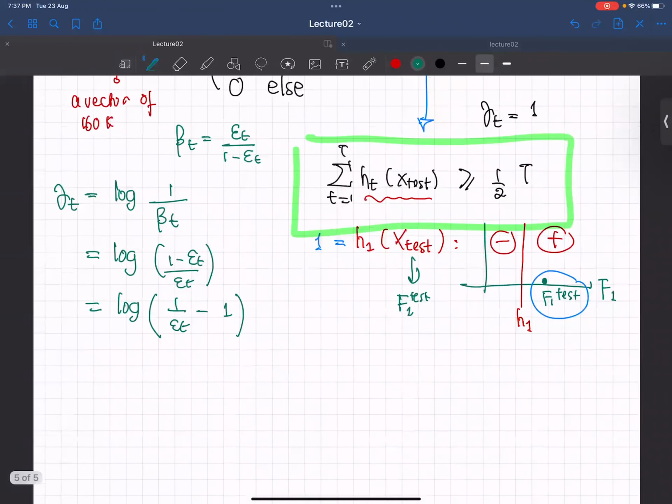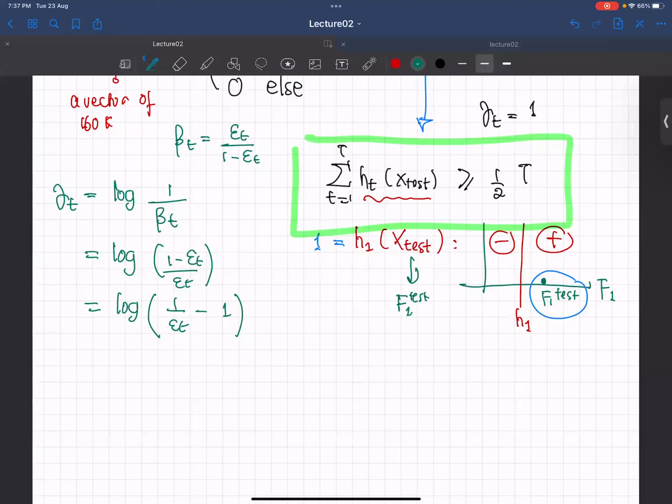And if I have this relationship, I can draw the correlation here. The correlation is between epsilon t and gamma t. If epsilon t is equal to 0, what is gamma t then? Will it be positive infinity or negative infinity?